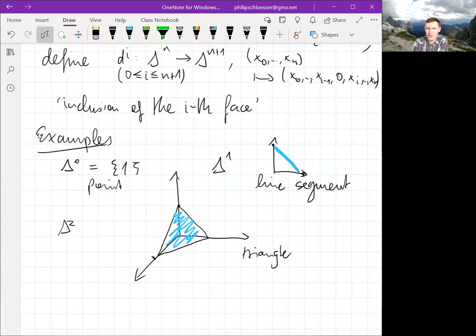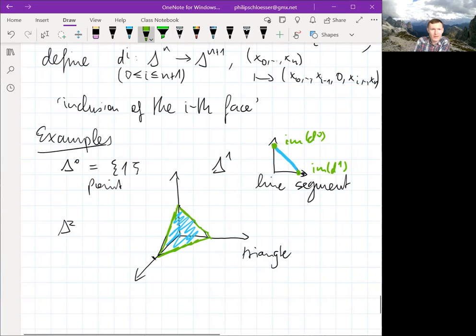The 1 simplex has 2 faces, namely the 0th face and the first face, because the 0th face has a 0 x component and the first face has a 0 y component.